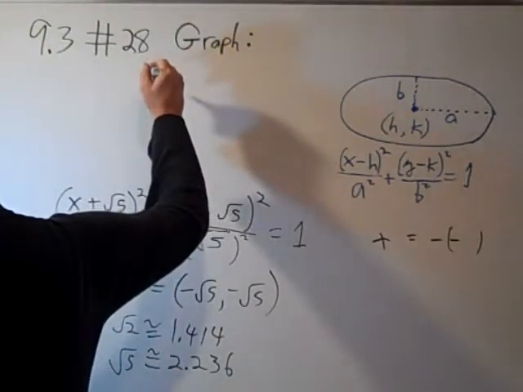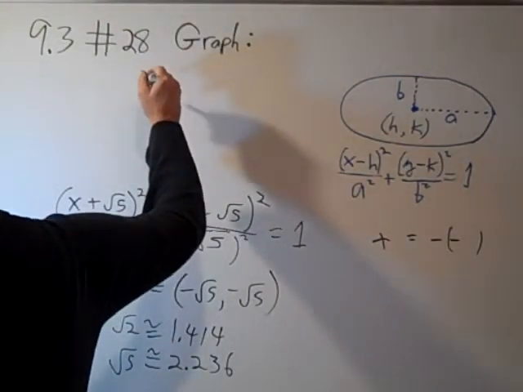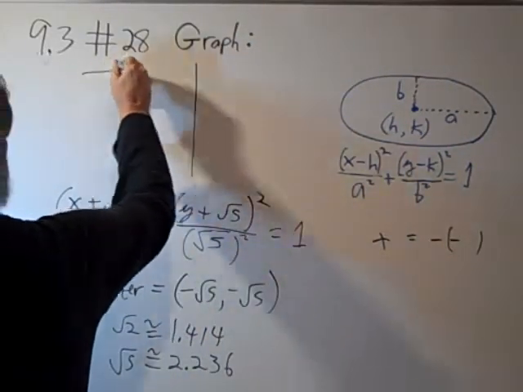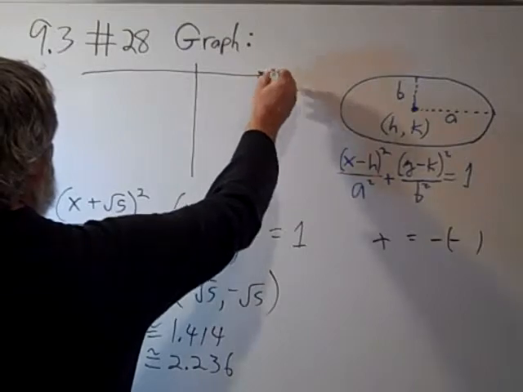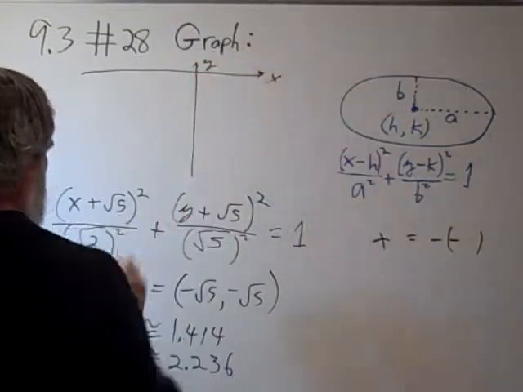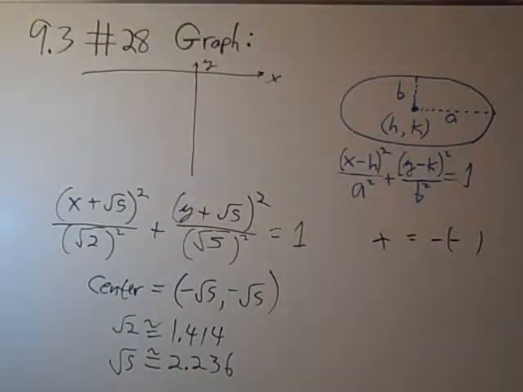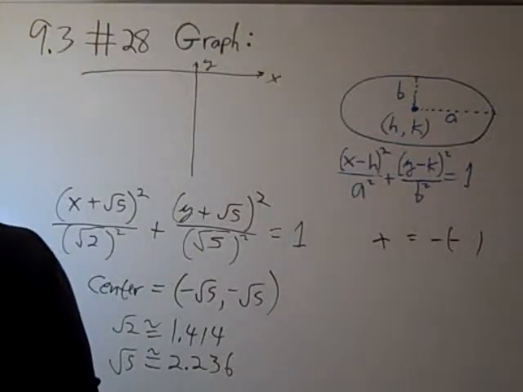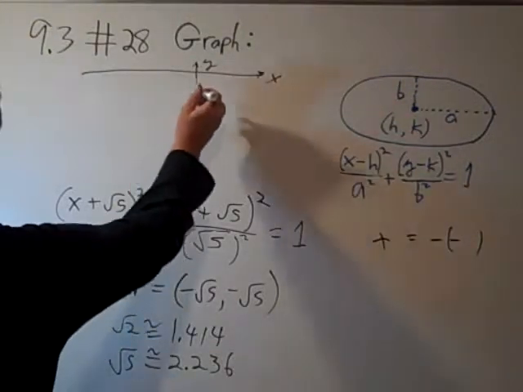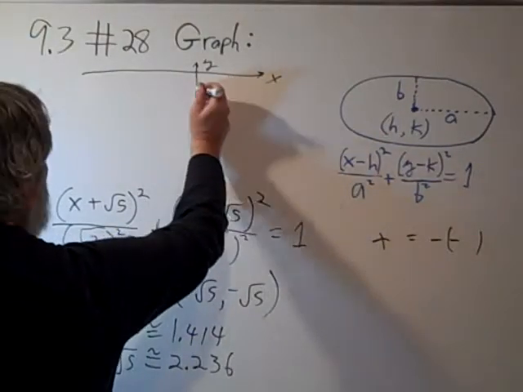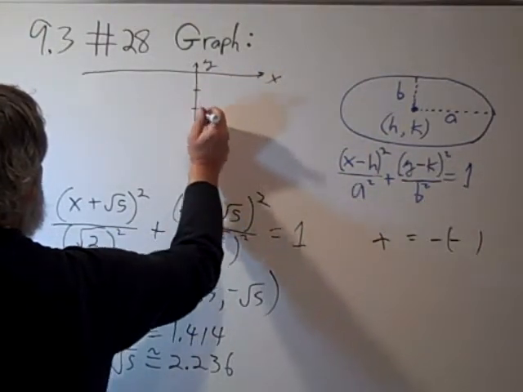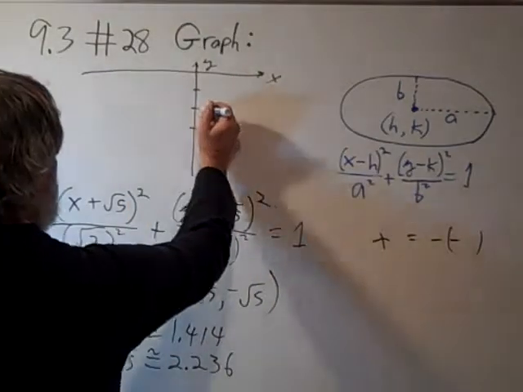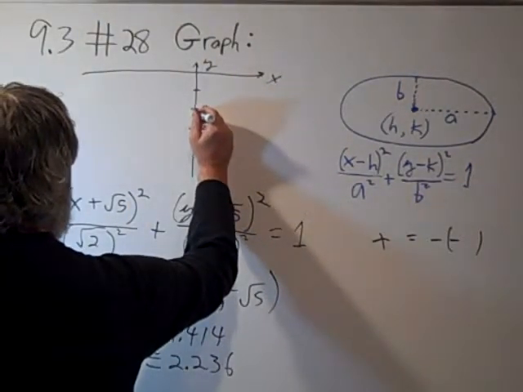So the square root of 5 is about 2.236. So let's go 1, 2, 3. So 2.236 is right about here.